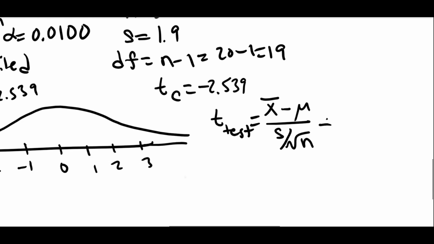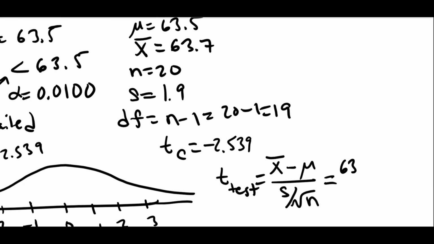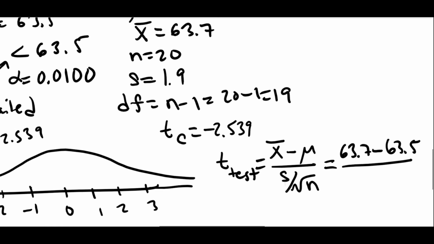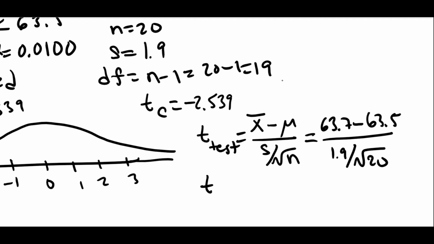So our x bar from the problem is 63.7, minus our mu of 63.5, divided by s, which is 1.9, divided by the square root of n, which is 20. We're going to do that on the calculator and see what we get. We'll round it to 2 decimal places here.